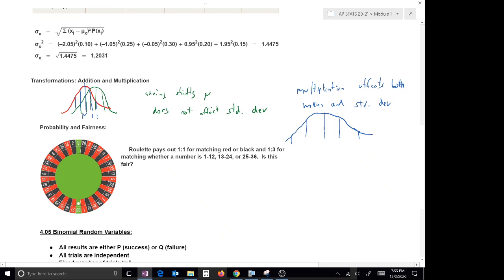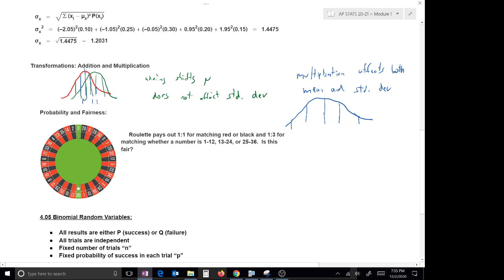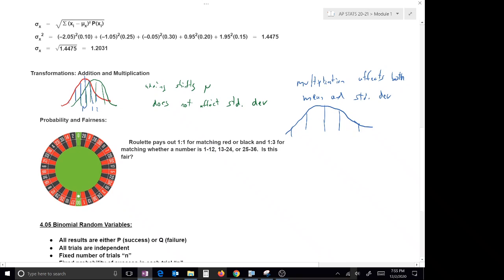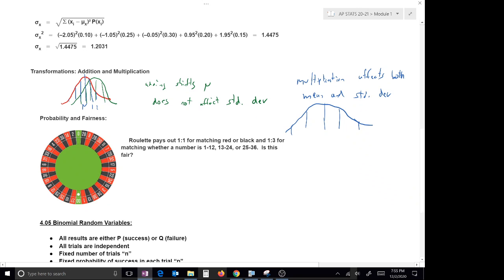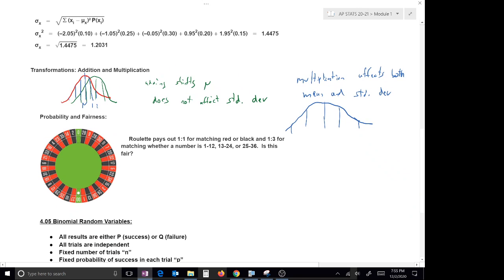So probability and fairness. In the book they use, I believe, something similar to craps, but I want to look at a roulette wheel. Just to illustrate this idea of probability and outcome in real life.